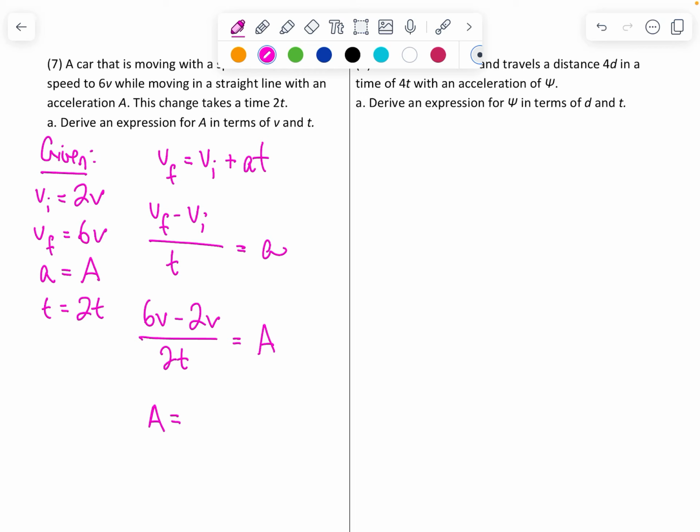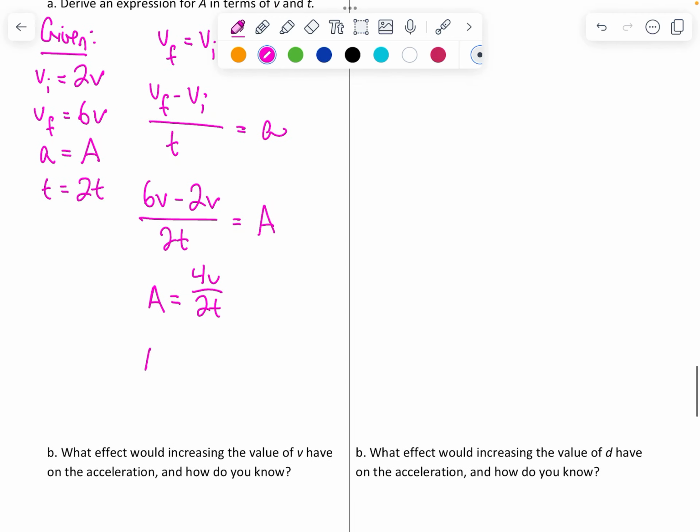And we are allowed to use v and t in our answer, but it's just kind of good form to clean something up like this. So 6 minus 2 is 4. Then 4 over 2 is 2.